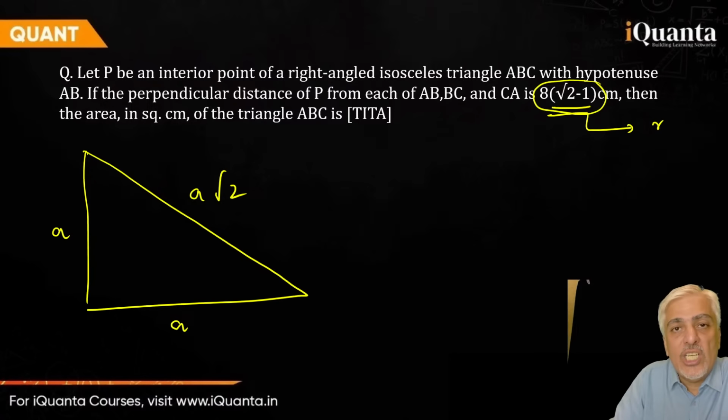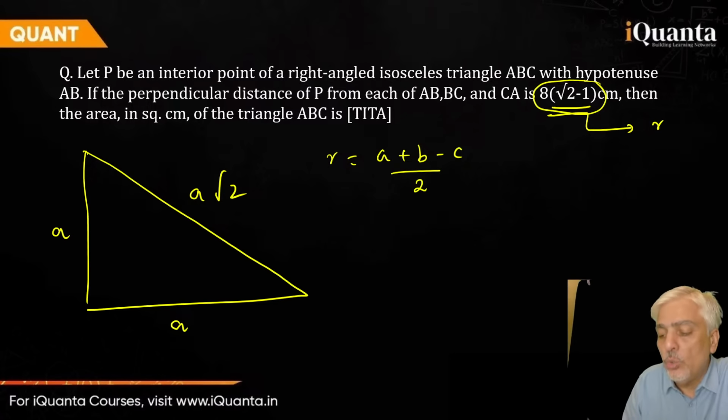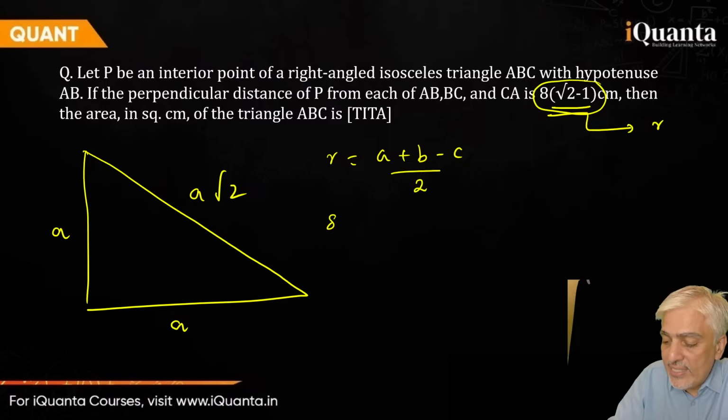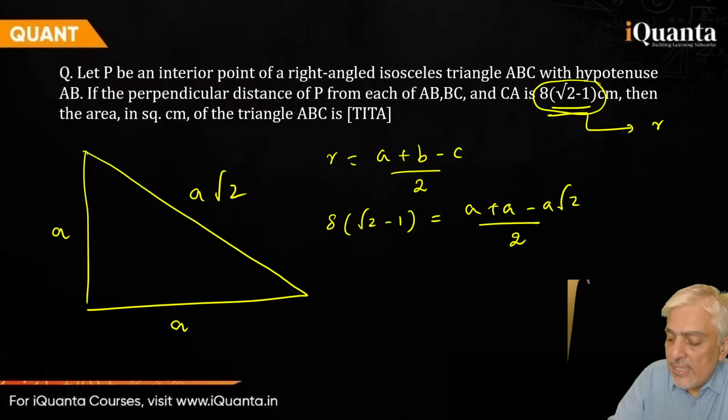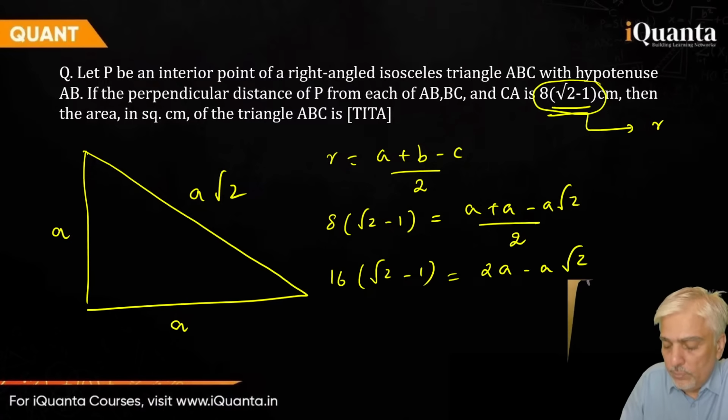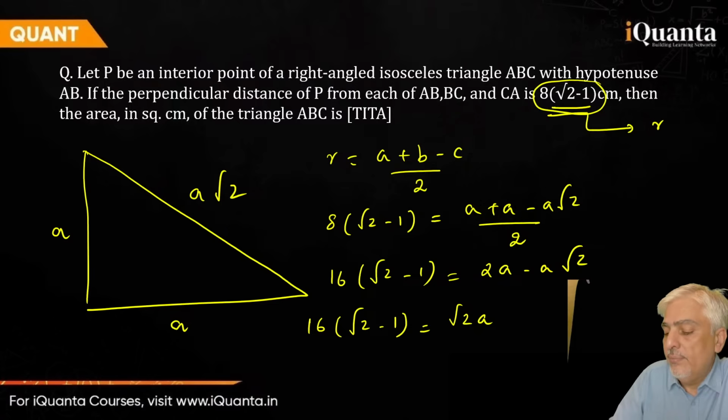So we know a special property for right angle triangle. For right angle triangle, small r is A plus B minus C upon 2. So 8 into bracket root 2 minus 1 is A plus A minus A root 2 upon 2. 16 into root 2 minus 1 is 2A minus A root 2. 16 into root 2 minus 1 is root 2A common.